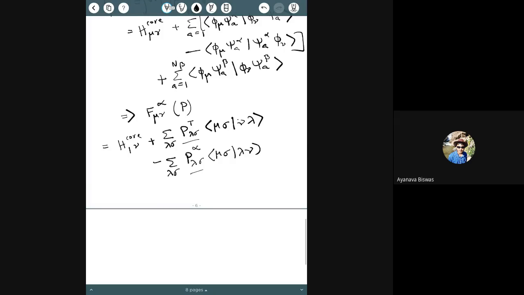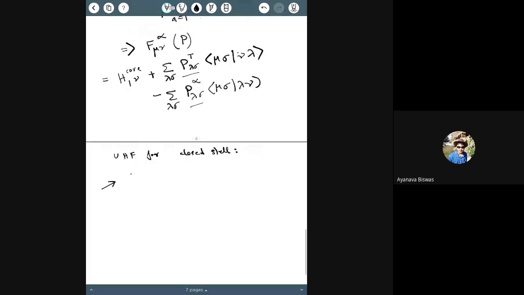Then one solution for these coupled Pople-Nesbet equations, so I am doing an unrestricted Hartree-Fock for closed shell, is that P alpha is equal to P beta, and this is the restricted Hartree-Fock solution. And this is most commonly obtained.